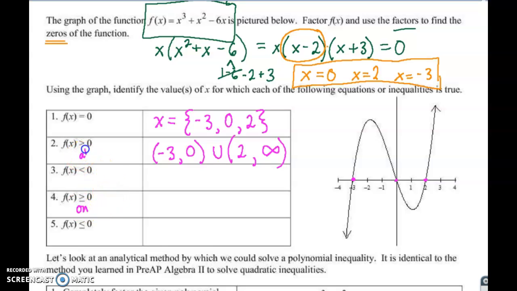I guess I should write down: this is above. This one is on. This one would be below. Things you learned in Unit 1. The only difference then is for being on, you would have brackets.